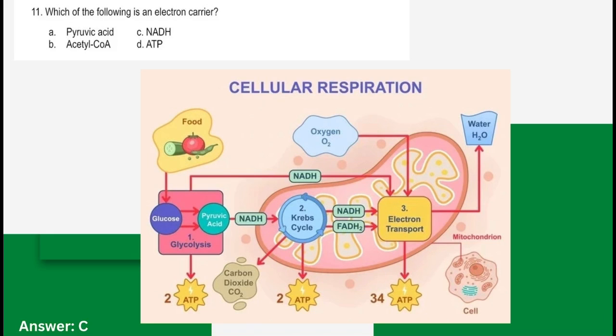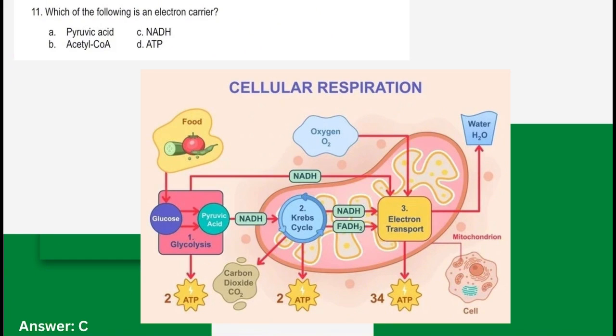Why is it the electron carrier? Pyruvic acid is a product of glycolysis, as you can see in the picture. In glycolysis, glucose is transformed into pyruvic acid and it is not a carrier. It is a product of glycolysis. Now, why not acetyl coenzyme A? Acetyl coenzyme A delivers the acetyl groups into the Krebs cycle.